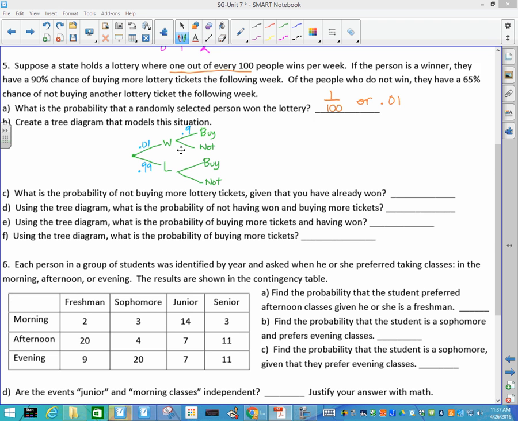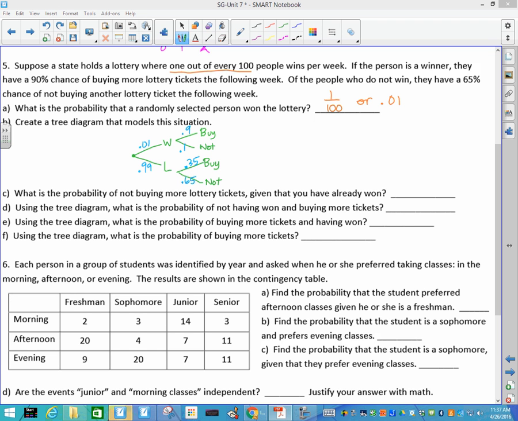So that's going to be 0.9. This will be 0.1. Again, we're subtracting 1 minus 0.9 to get that. Of the people who do not win, they have a 65% chance of not buying. So this would be 0.65 and this would be 0.35 because those two together add up to 1.